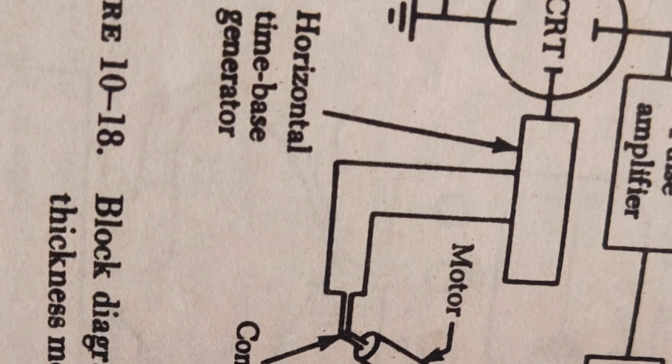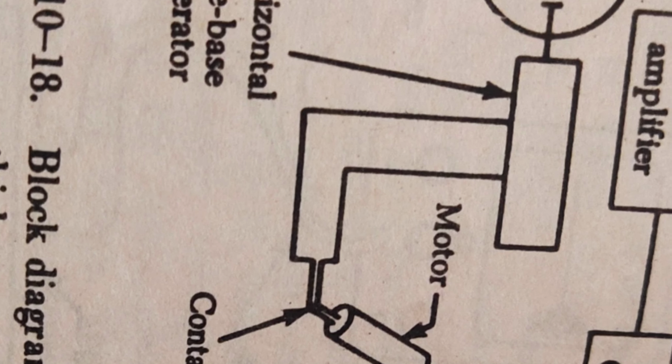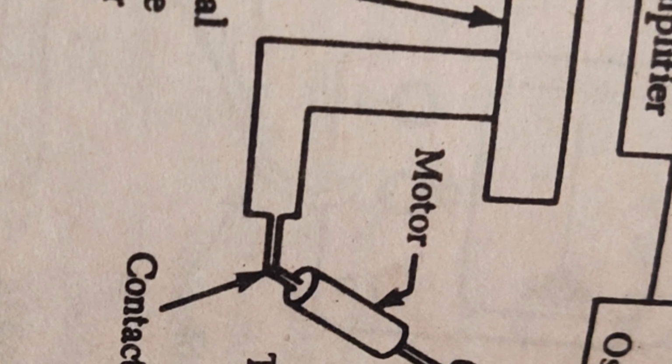In some instruments, the oscillator circuit contains a motor-driven capacitor which changes the frequency of the oscillator. For this, the figure is this one. In other instruments, the frequency is changed by electronic means. The change in frequency is synchronized with the horizontal sweep of a CRT. The horizontal axis thus represents a frequency range.